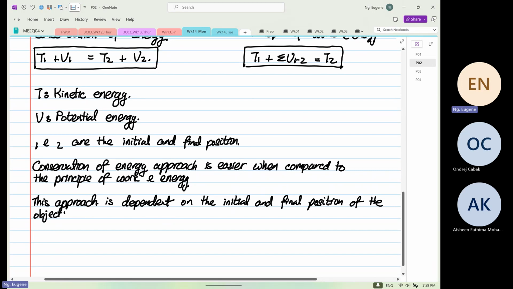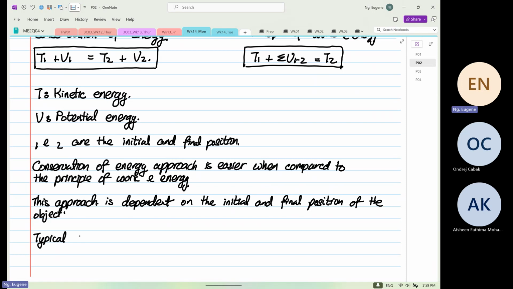So typical forces encountered in dynamics, which you guys know already.